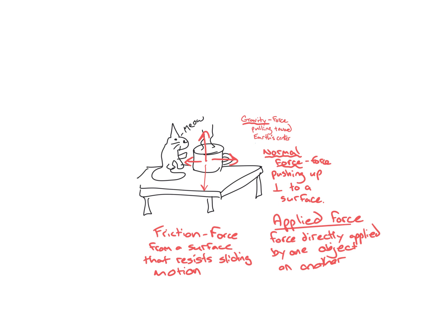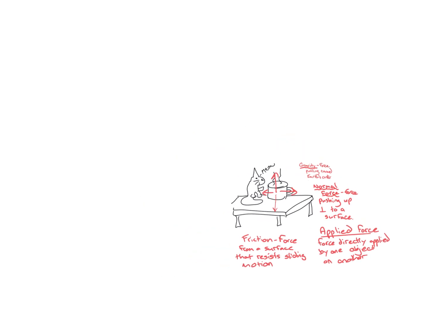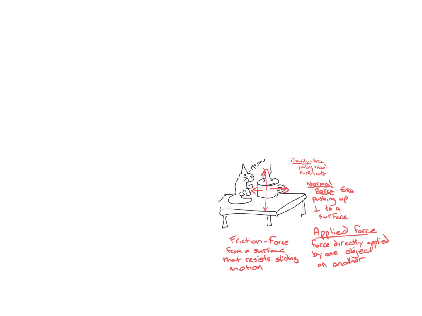So we can actually represent this in a much more simple way. And when we use a simple model to represent this, we call it a free body diagram. A free body diagram usually just starts with a simple square or a circle.